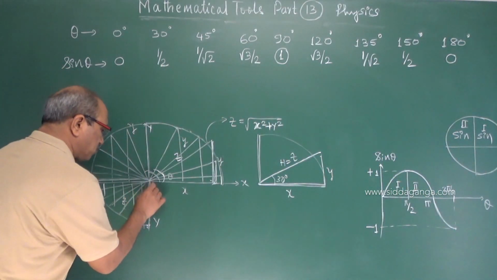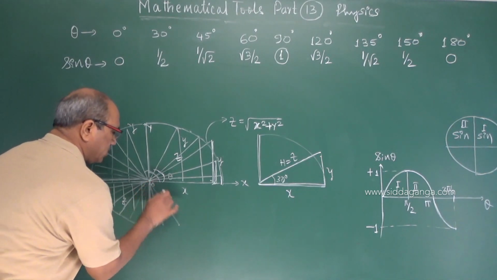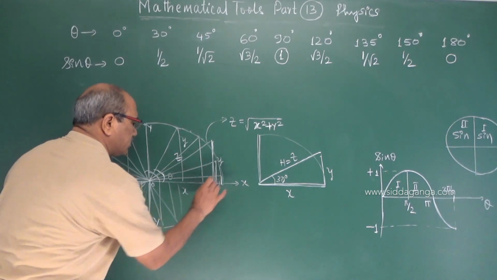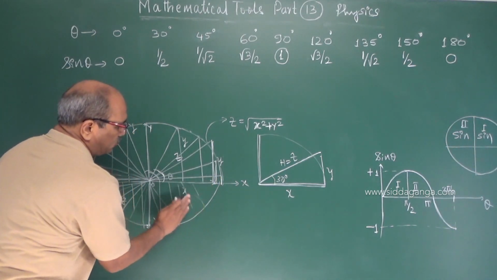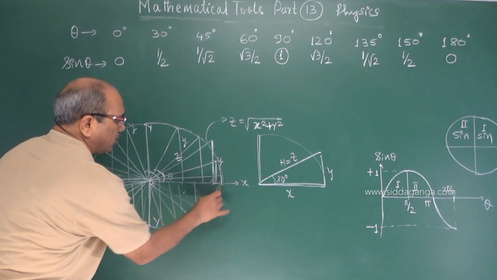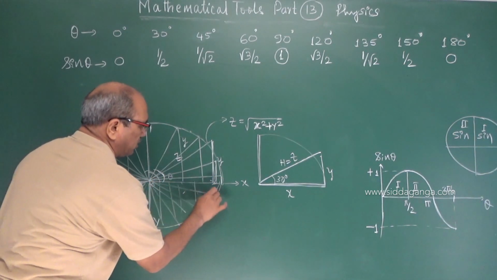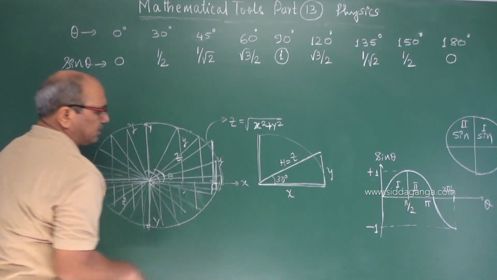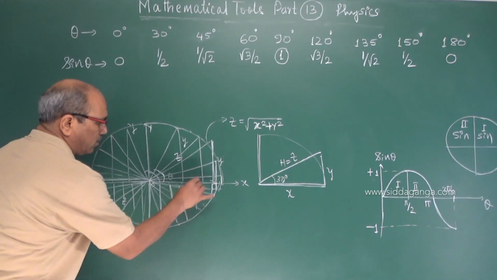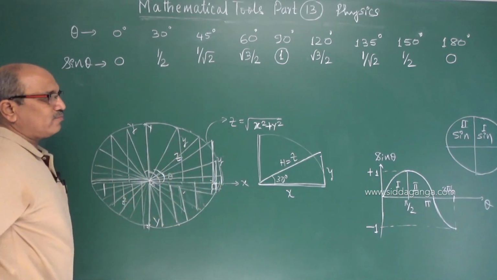And further if you expand it, the same curve goes on, the value goes on decreasing, and again when you come to this position, the value of y goes on decreasing. See here, y is high, y goes on decreasing, and finally it becomes 0.